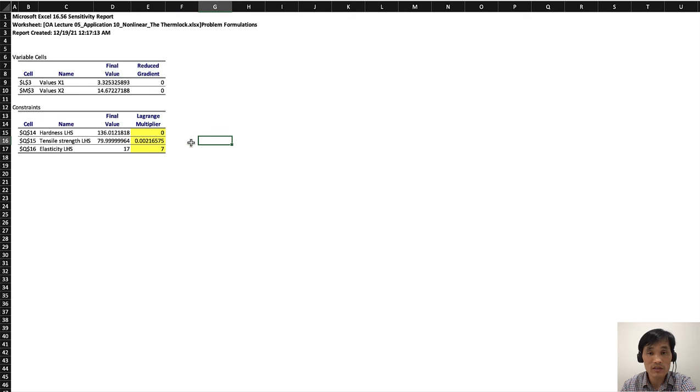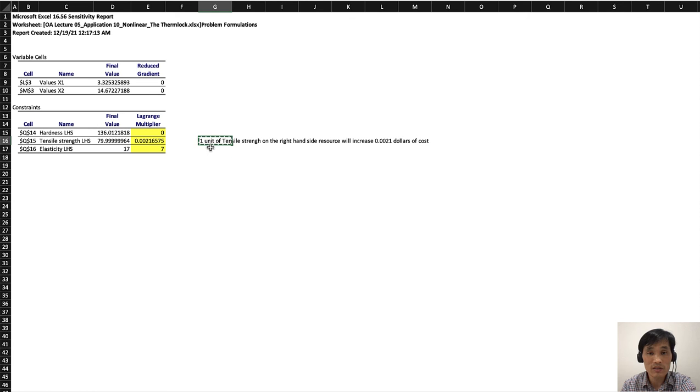For example, 1 unit of tensile strength on the right-hand side resource will increase the cost by 0.0021. That's what it means.